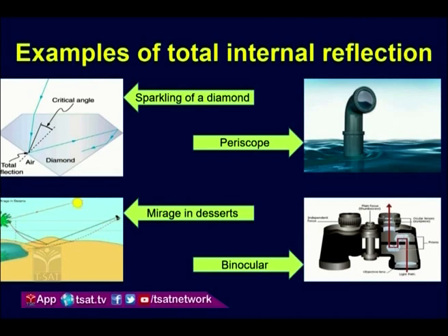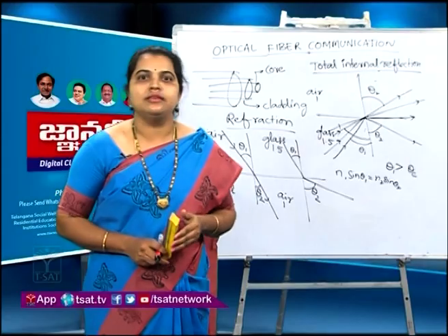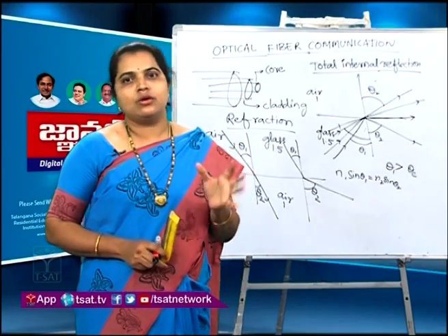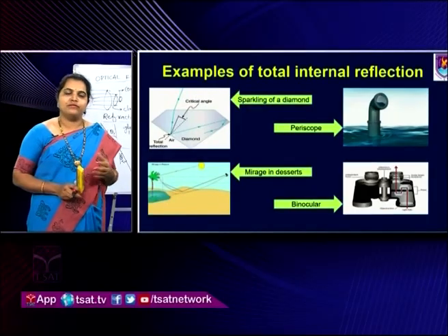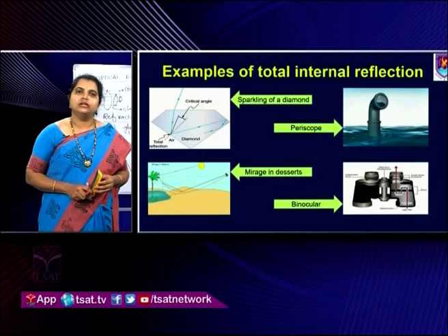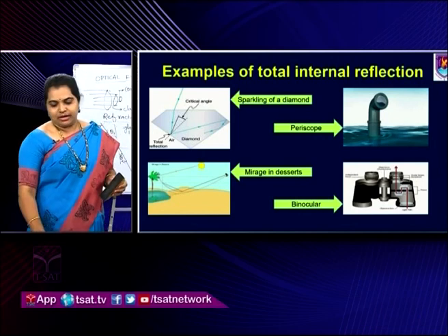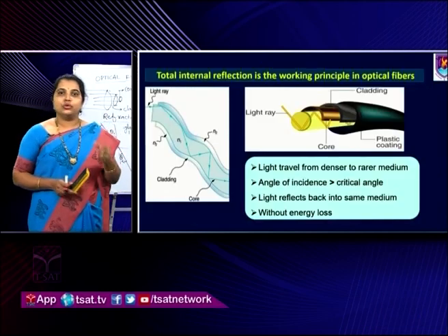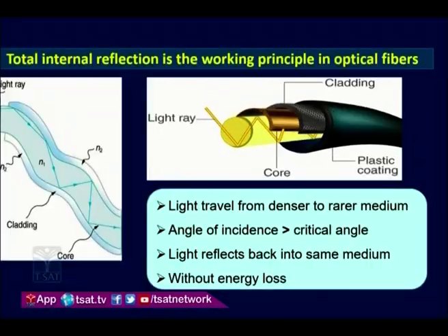Mirages we usually see in summers or in deserts, and binoculars. These are all everyday life examples based on total internal reflection. And look here, you can clearly observe the total internal reflection happening in an optical fiber cable.